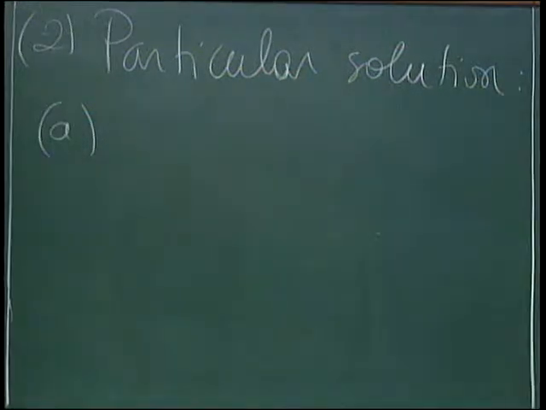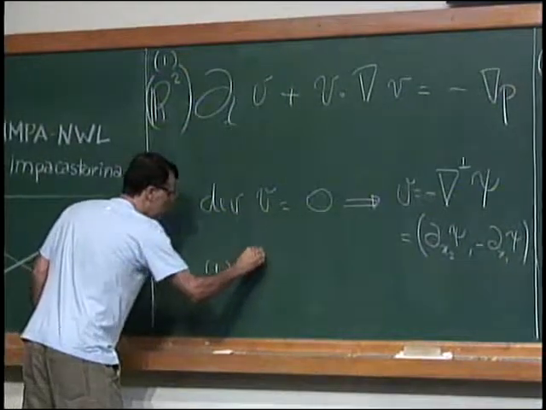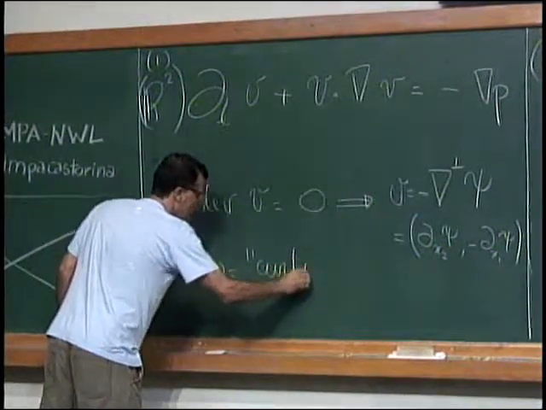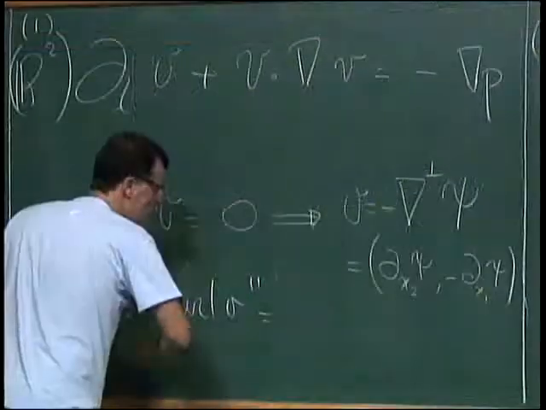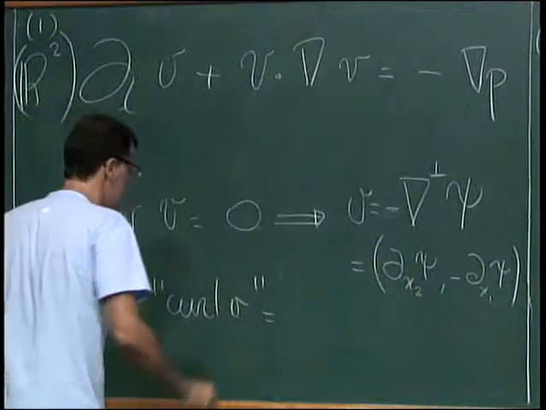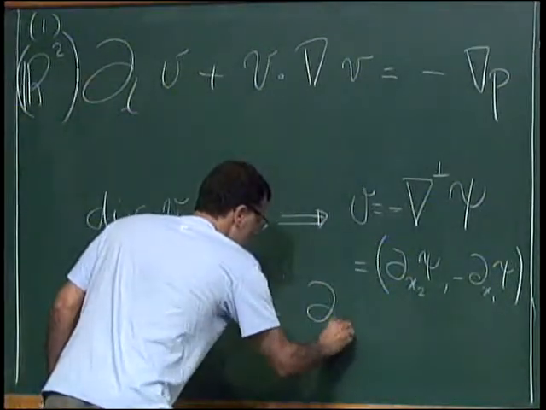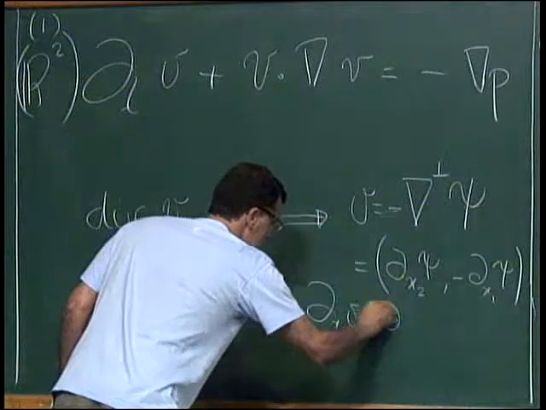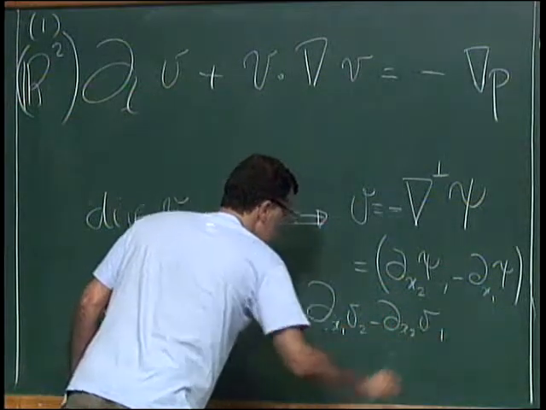And moreover, let me write something here. There's an important quantity that will appear in this talk called the vorticity. And the vorticity, what's the vorticity? The curl of V. But here, since you are in 2 dimensions, this is just dx1 V2 minus dx2 V1.